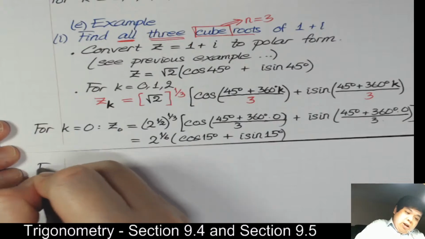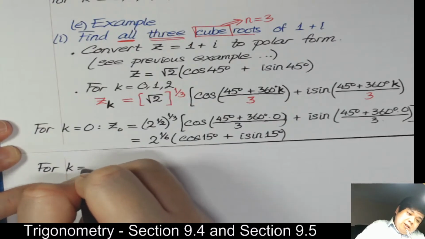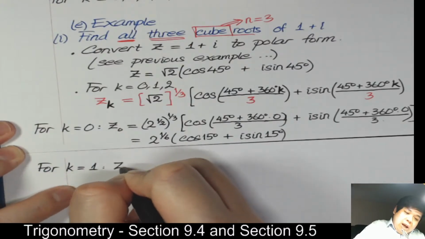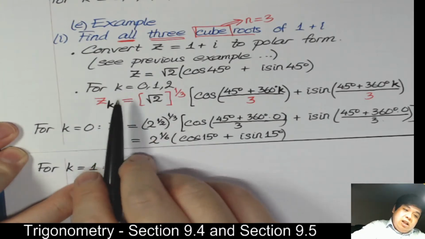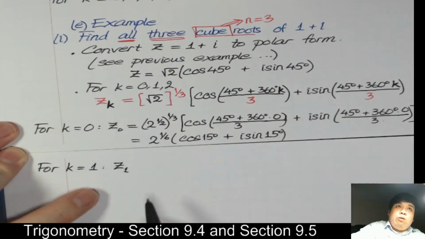And next, for k equal to 1, we do the same thing. Put 1 in for this k, and all of those k.